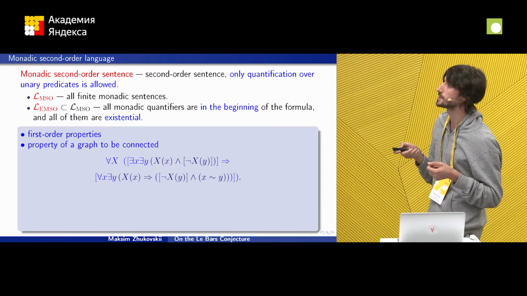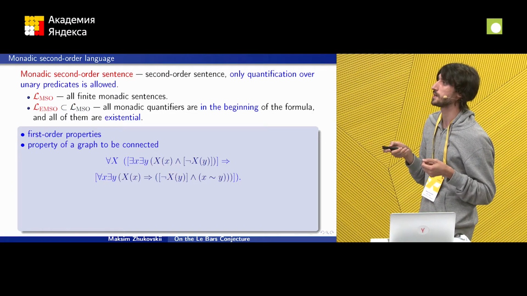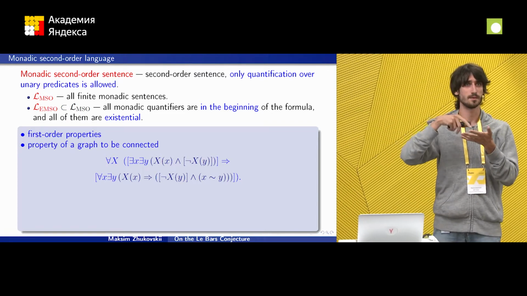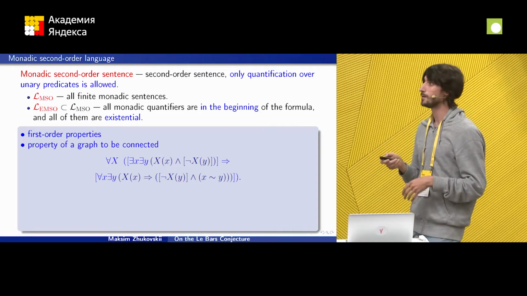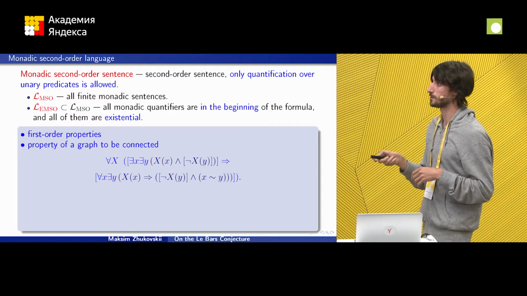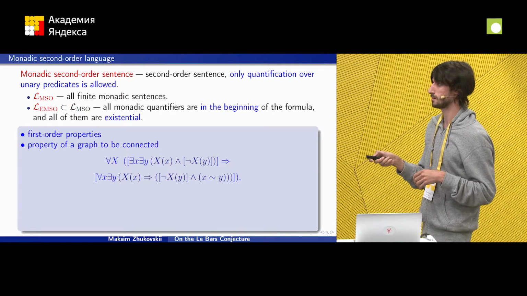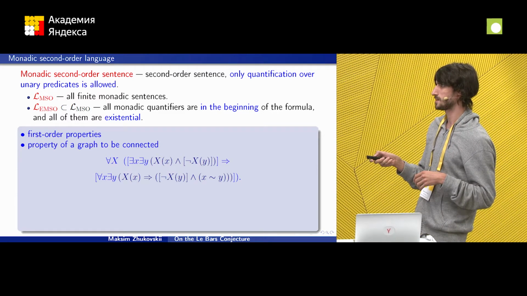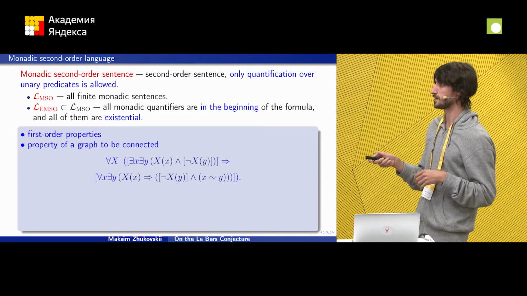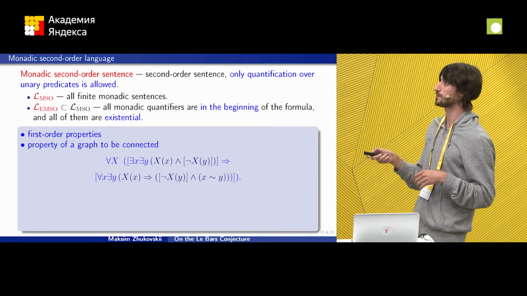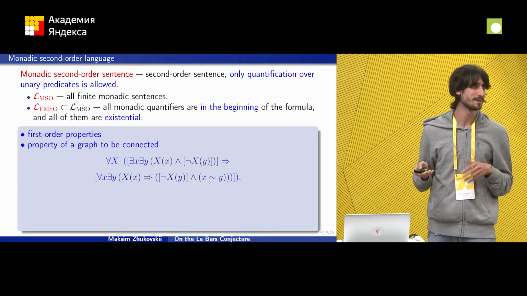There are some problems, yes. It should be exists x here, so that there is an edge between x and the complement of x. So exists x, exists y, such that x of x and negation x of y and x is adjacent to y, I'm sorry.